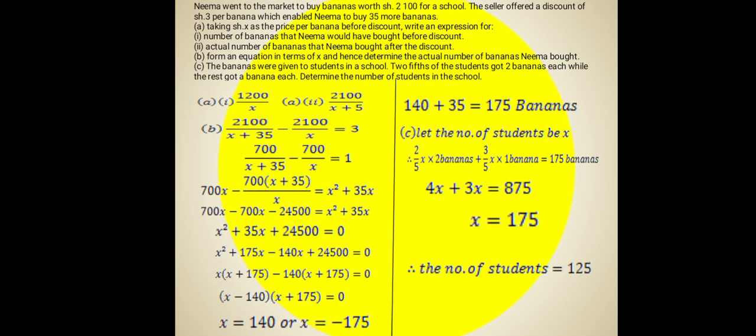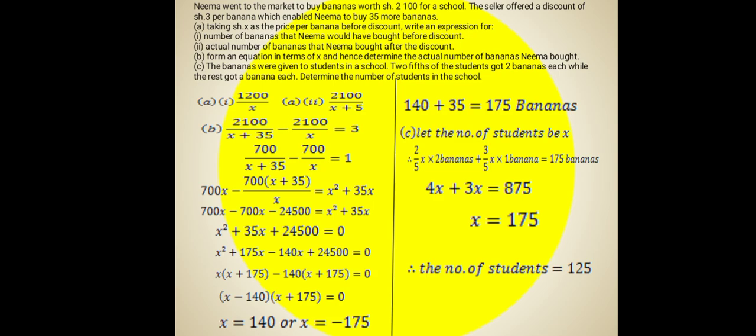Now part B, you have been told to form an equation in terms of X and then determine the actual number of bananas bought by Neema. Now you can see that equation: 2,100 all over X plus 35 minus 2,100 all over X should be equal to 3 shillings.